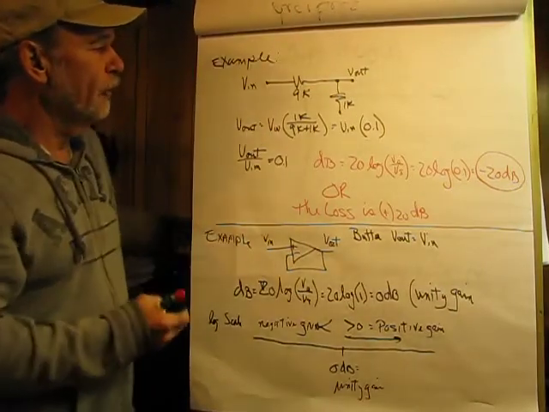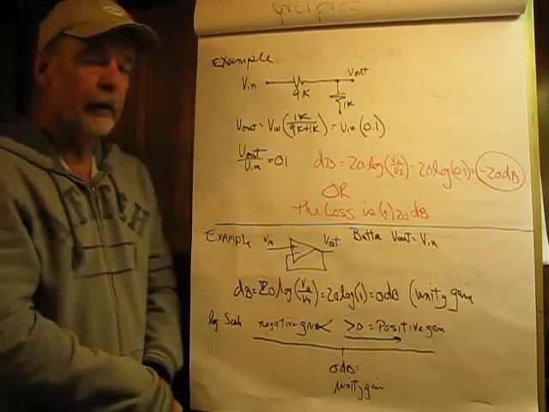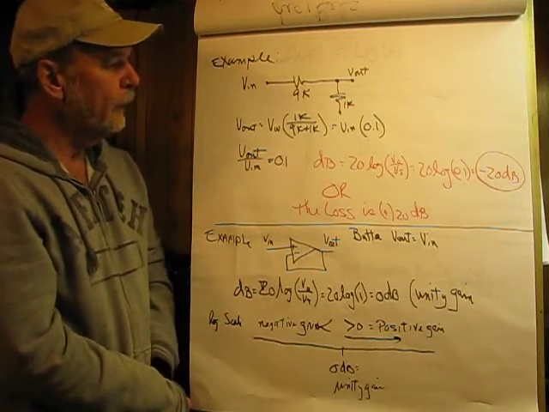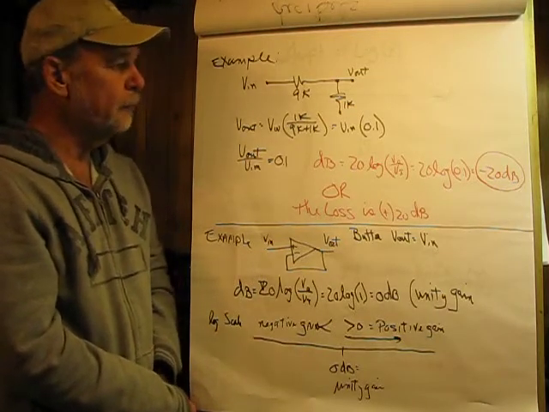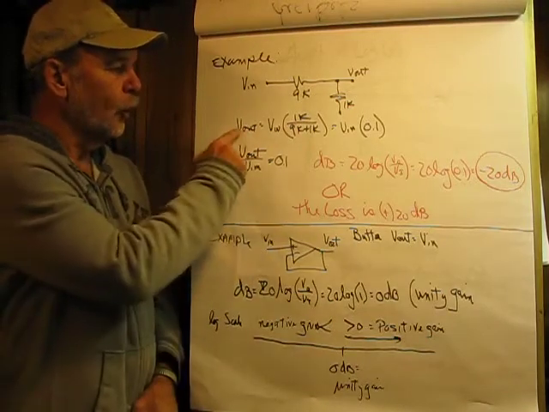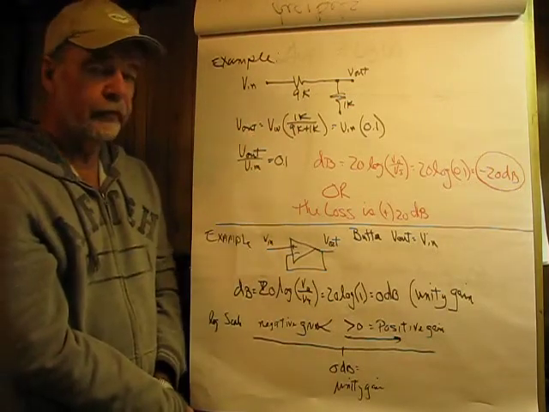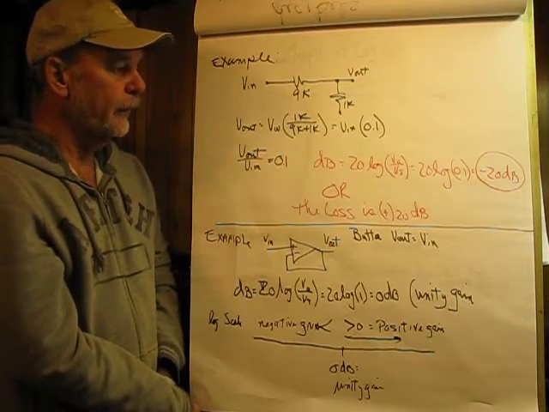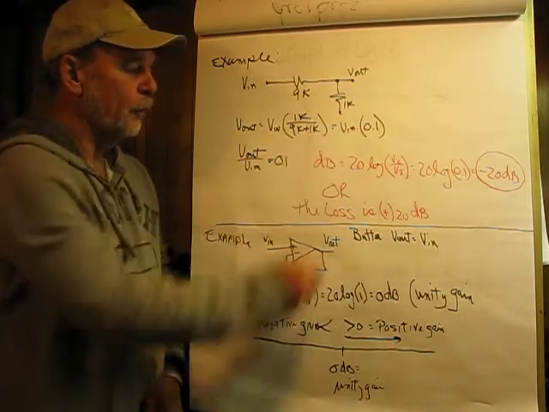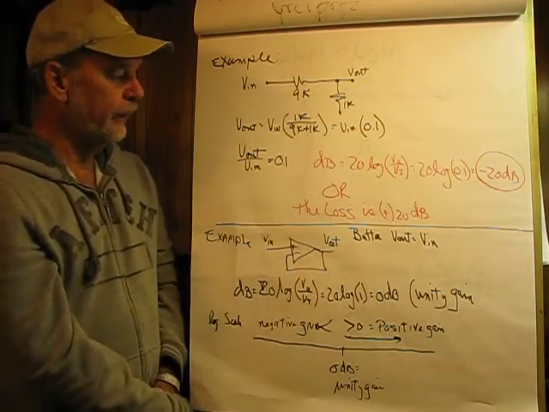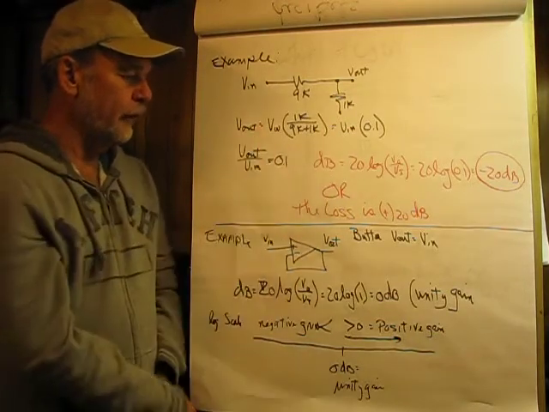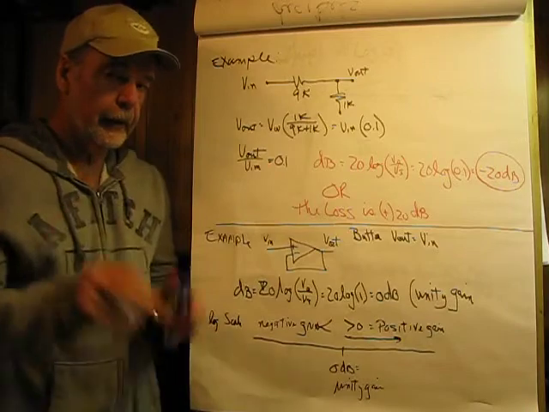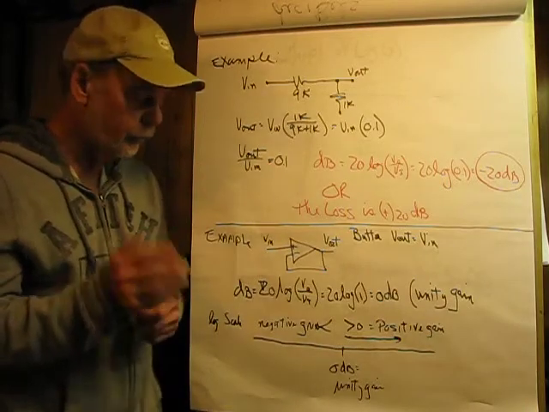Now, suppose we have this circuit. Pretty simple, 2 resistors, and what we know is we have a 1 to 10 voltage divider here, 9K and 1K. Working out V out relative to Vn, we see that it equals Vn times 0.1, and getting it into the correct form by dividing both sides by Vn gives us a gain of 0.1.